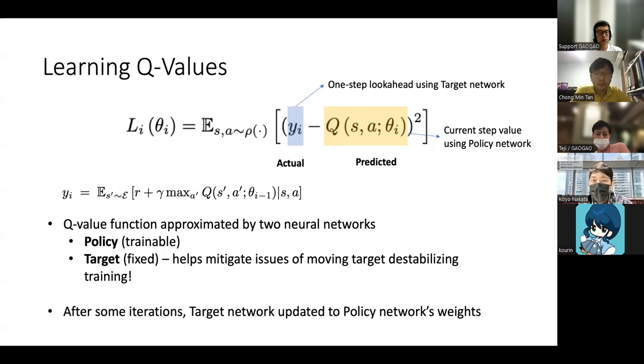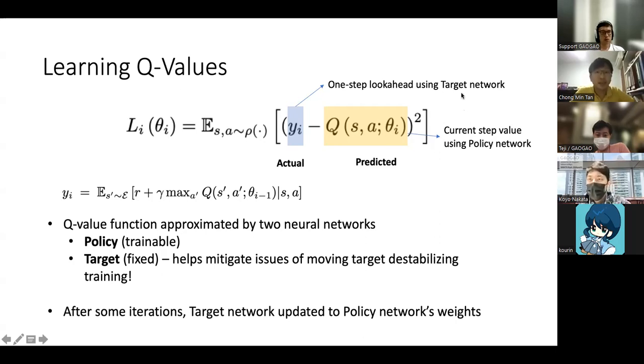You keep doing this until maybe 5 steps or 10 steps, whichever you code, and then you update the holding network. Then you continue to train the training network until the next time that you update the holding network. Correct. So your training network is the policy network and your holding network is the target network.